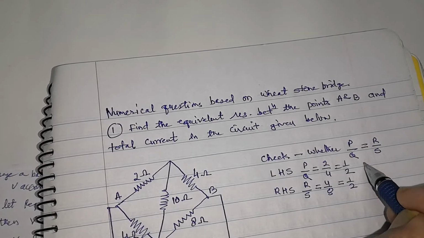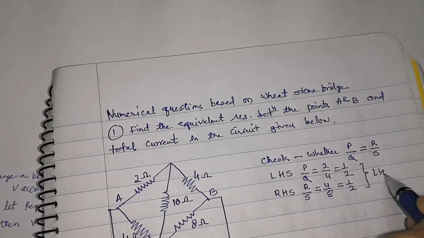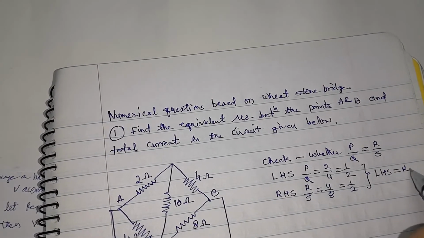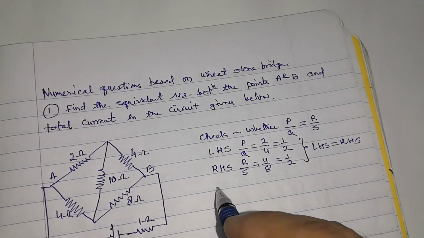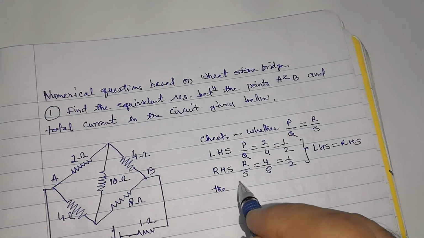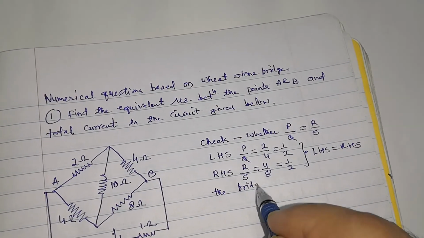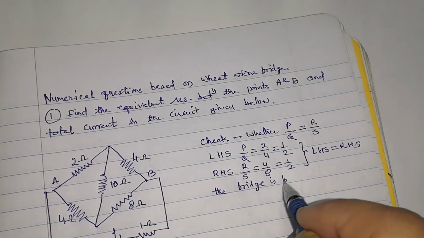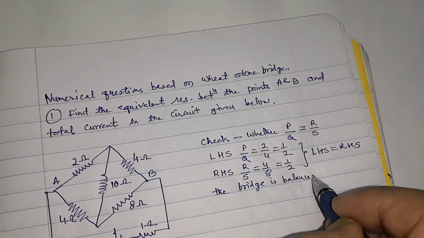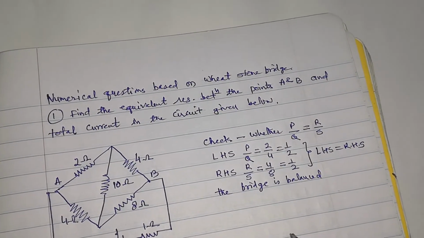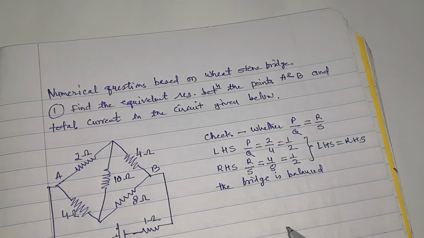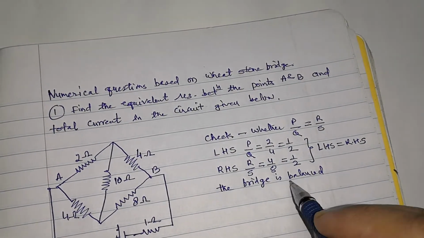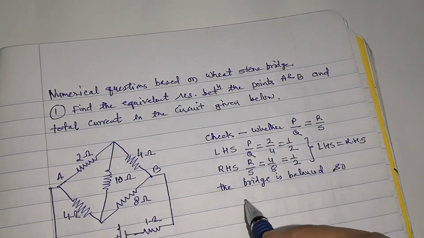So left hand side equals right hand side, and therefore the bridge is balanced.